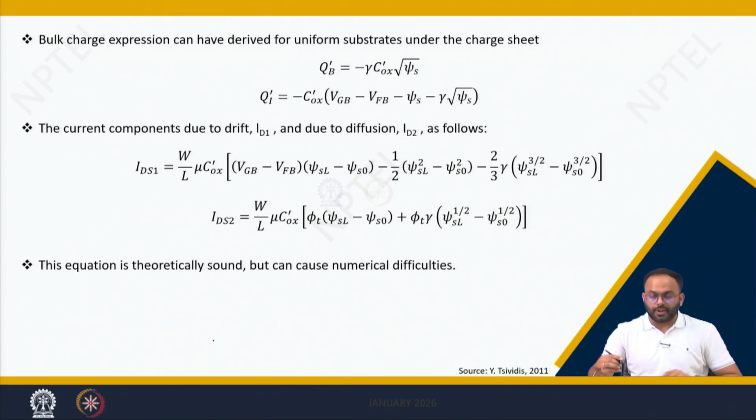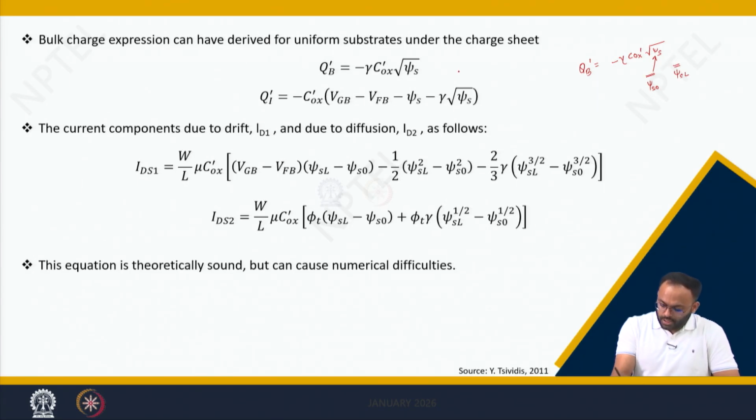Let us further simplify by knowing that the bulk charge can be written as minus gamma Cox dash into root psi s. Again, you need to replace this psi s by psi s0 and psi sl if we are talking in terms of source and drain, and you can replace this Qb dash.